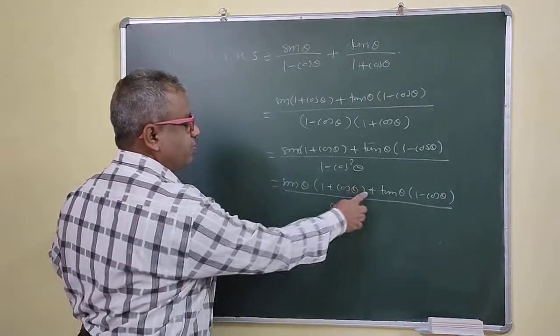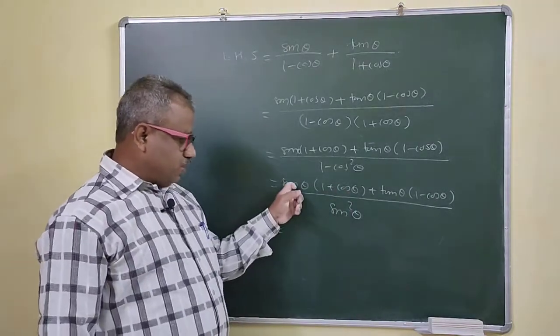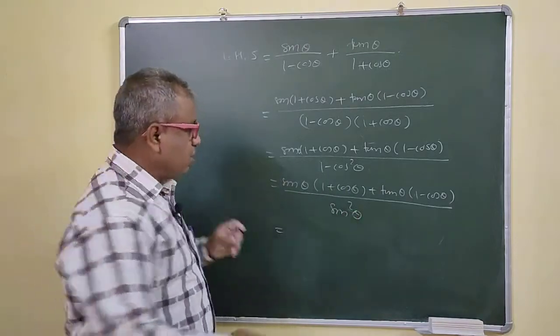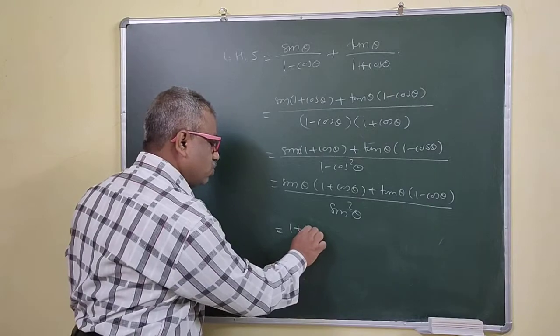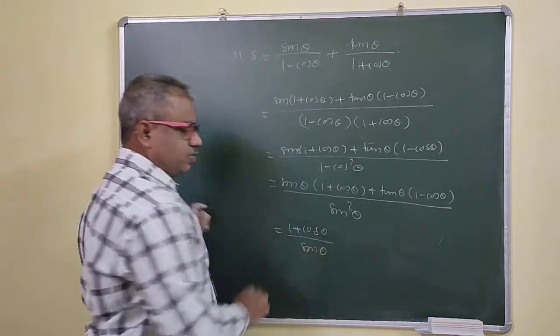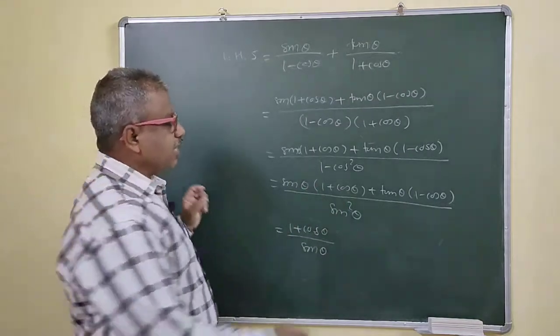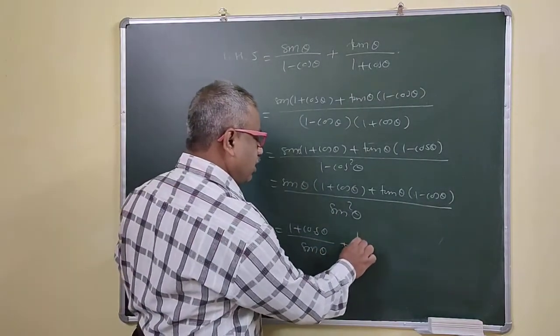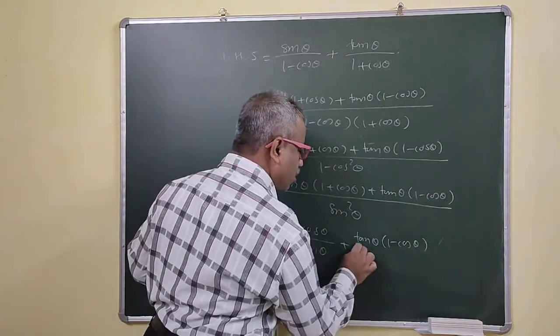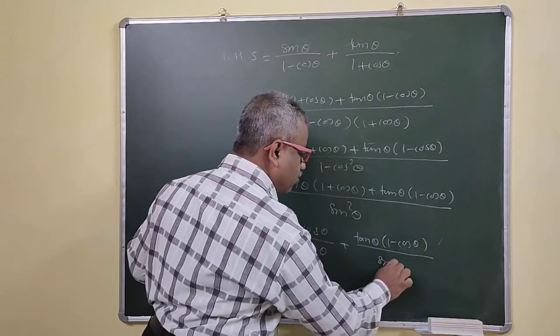So see here, if you separate this one, for the first one, your sin theta gets cancelled. One sin remains now here. Right? So for the first one, it is 1 plus cos theta upon just sin theta now. For the second one, it is tan theta into 1 minus cos theta upon sin square theta now here.